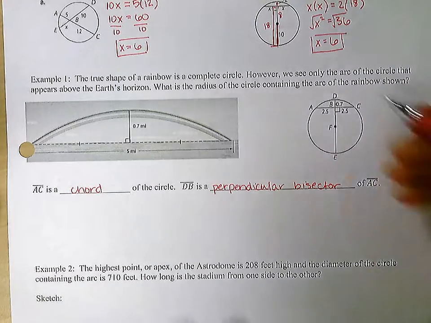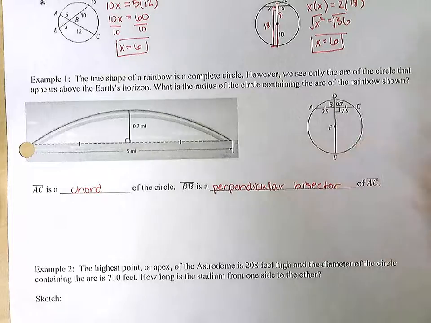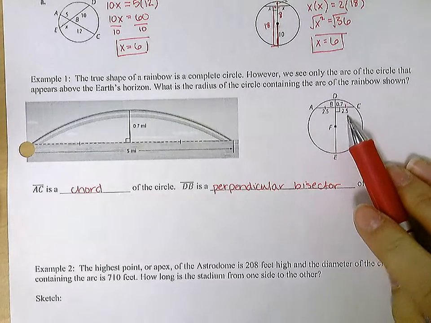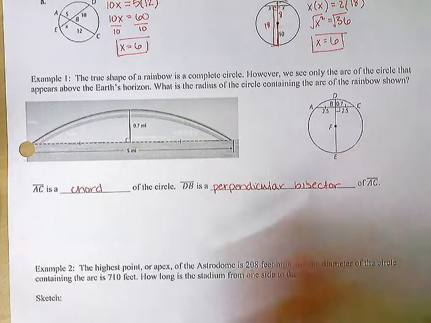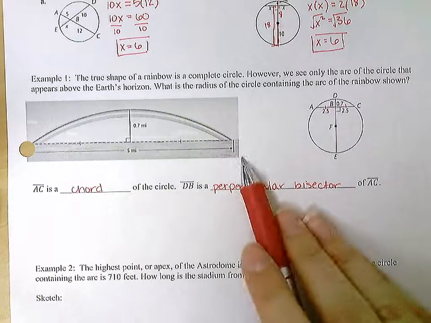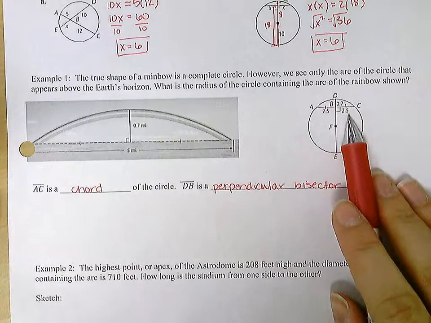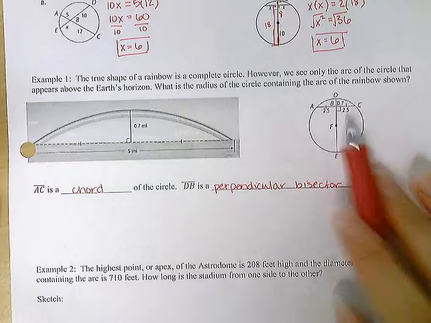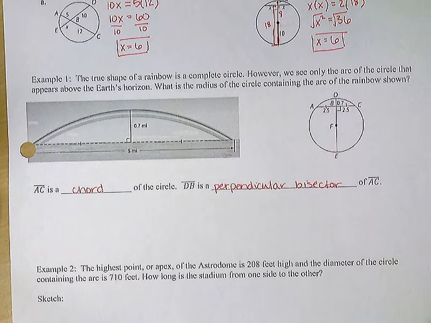It split that chord into 2 equal parts. That's why both of these are 2.5. Okay, so we took 5 miles, split it equally between the two. So now we kind of have a circle that looks like our examples from above.